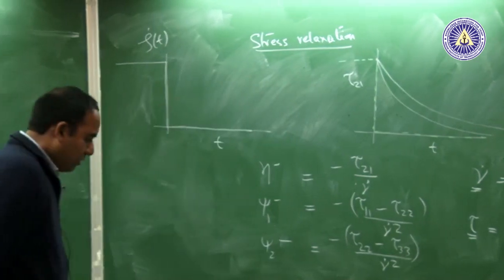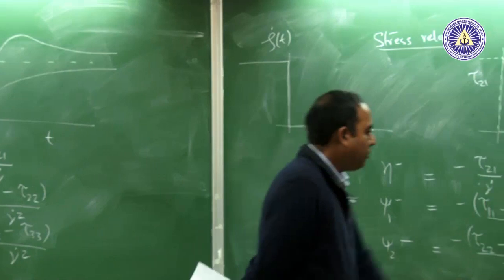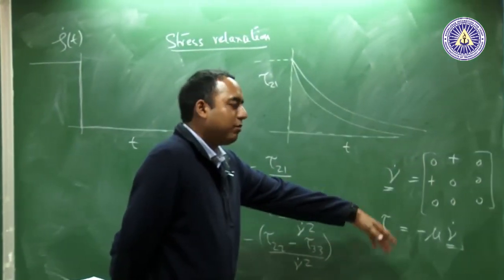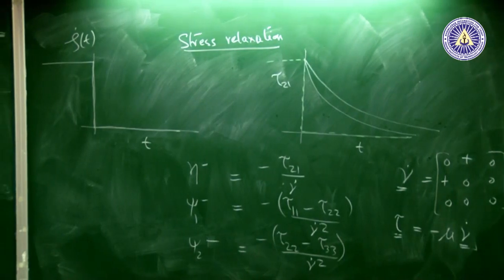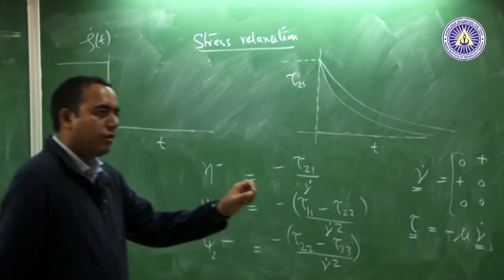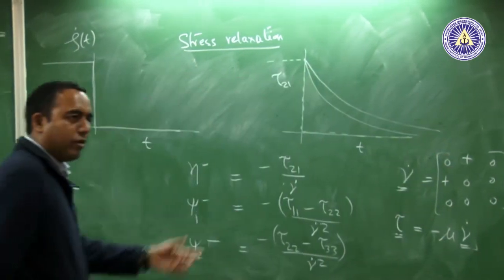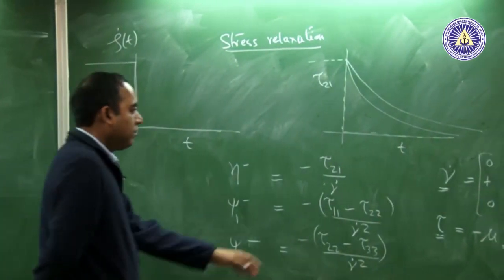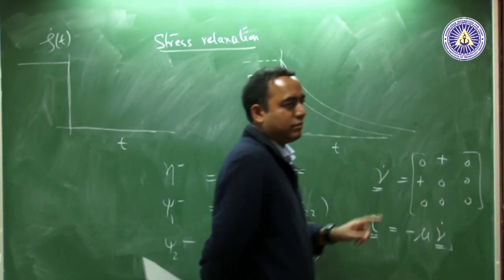So, the final model that you have for non-Newtonian fluids would be much more complicated than this one. I will probably talk about a second order model in which you have terms which contain gamma dot, double dot, gamma dot and all that. In those models, you can have a matrix like this, but it can also predict the normal stresses.